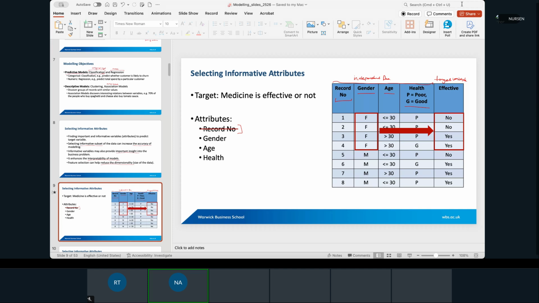If a patient arrives and you observe that the patient is female, can we say whether this medicine would be effective or not? We can't say it, right? I see the answers, mostly no, that's correct. There's a 50% chance this medicine would be effective if we know the gender as female.